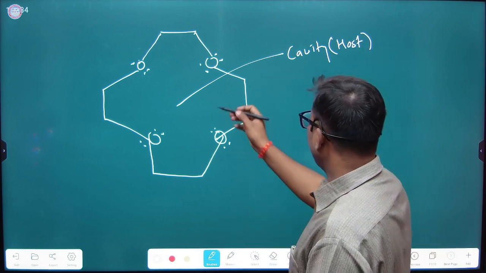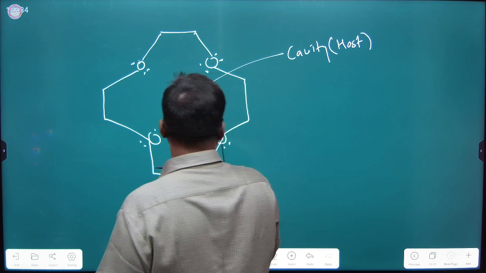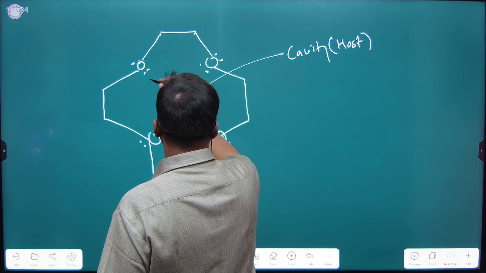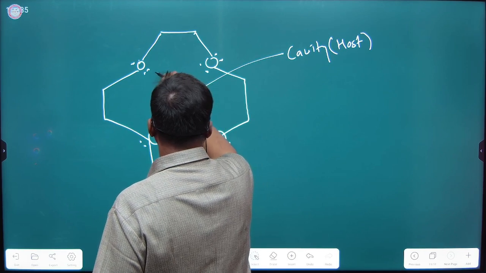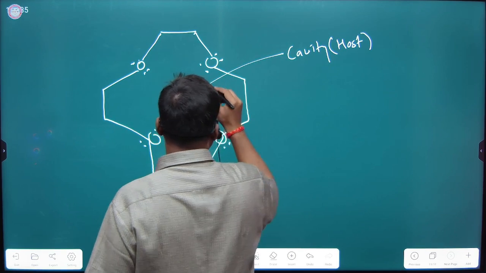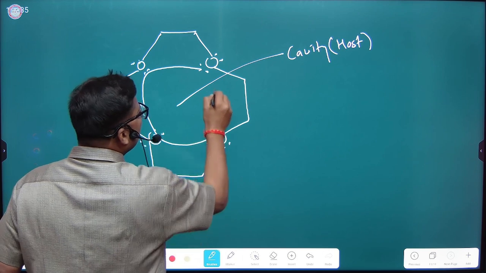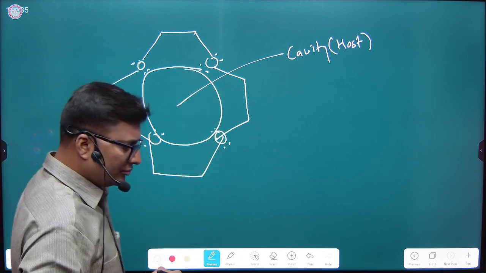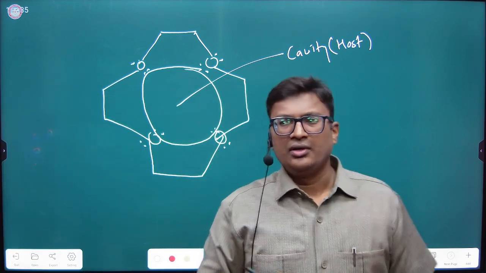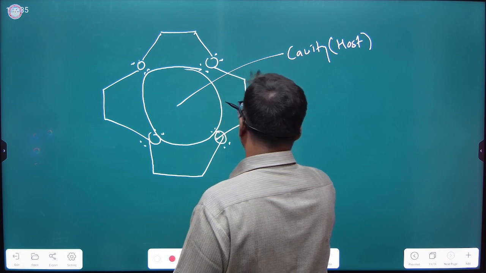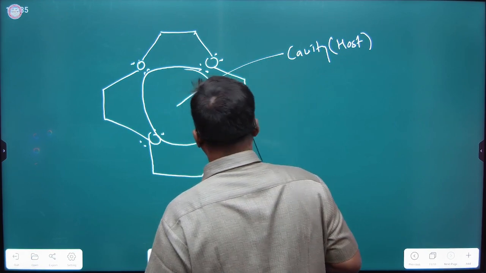In this cavity there is a high concentration of electron density. The interior part is more electron rich, right?